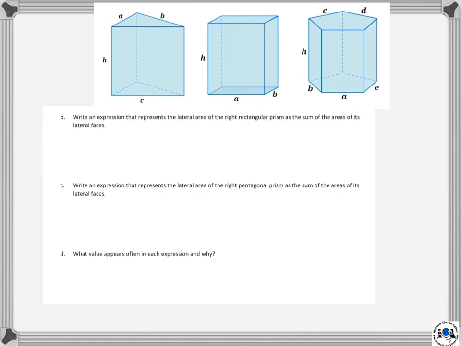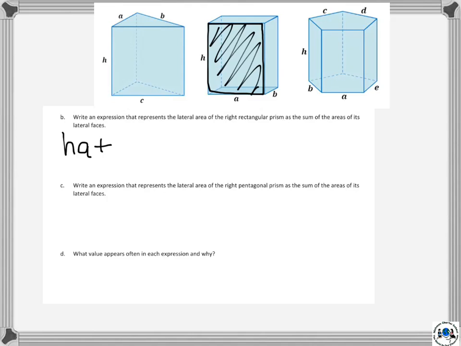Okay, now this one was kind of interesting, and hopefully you saw some way to simplify this expression. I started off with HA, which is H times A, which is right here, and that would be that lateral face.